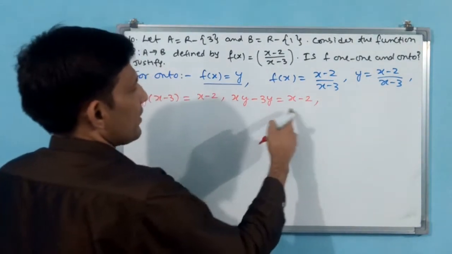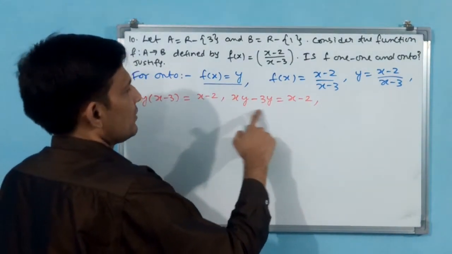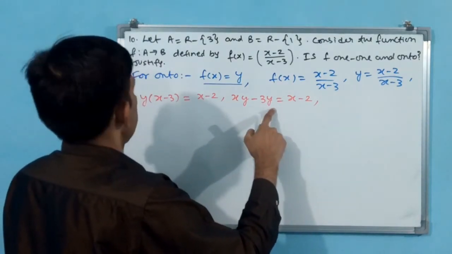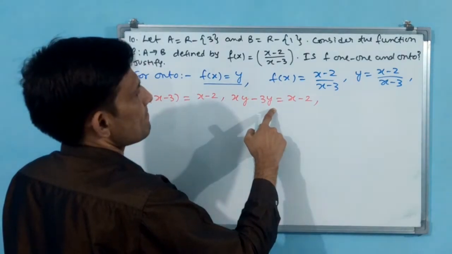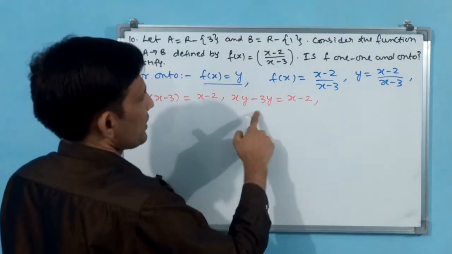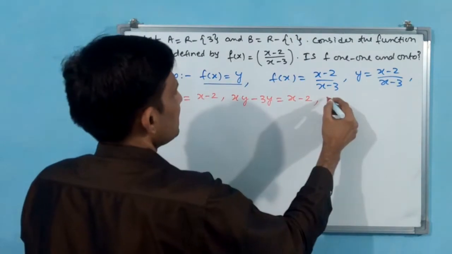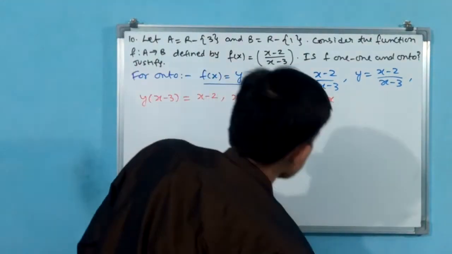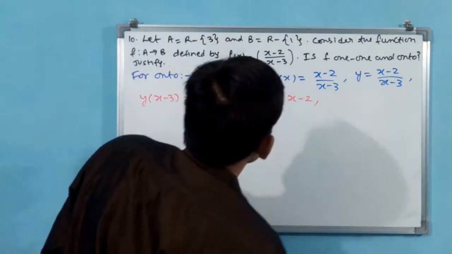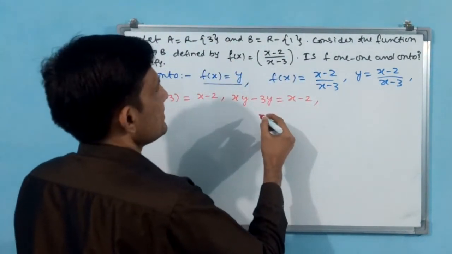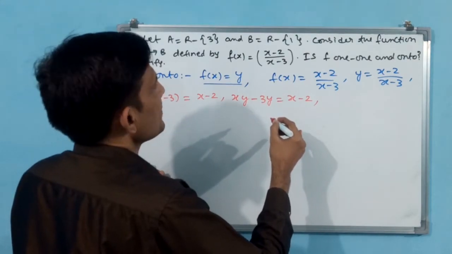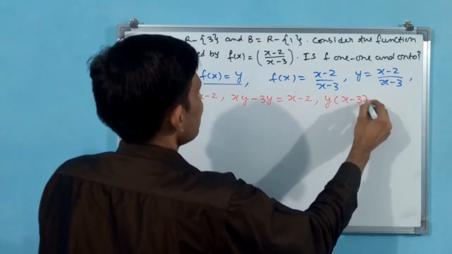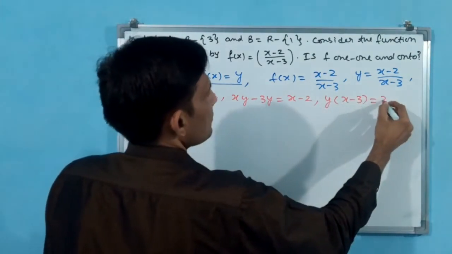Now take common of this x minus 2. Take common of x. x if you take, no, y you have to take common. y is there, common. y if you take, x minus 3 is equal to x minus 2.